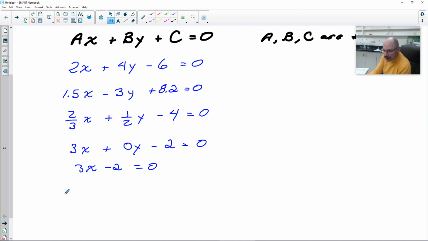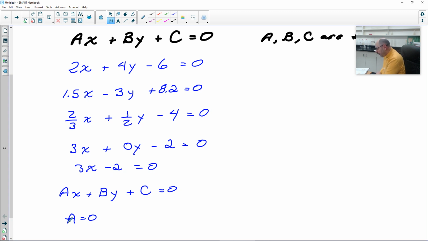If we go ax plus by plus c equals 0, if a equals 0, you have y and a number equaling 0.